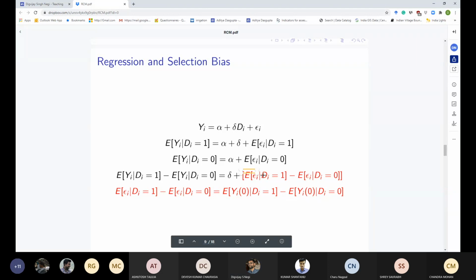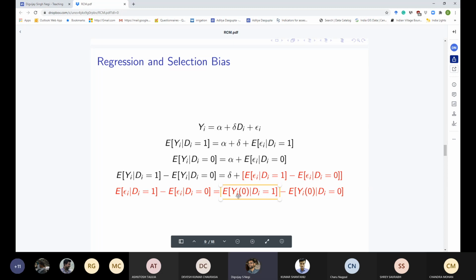of course all of these errors, residuals in a regression, are a black box. We don't know what goes into it, but conceptually what this means is that the error terms have these two potential outcomes. And the reason you may have selection bias here is that we don't observe this potential outcome.